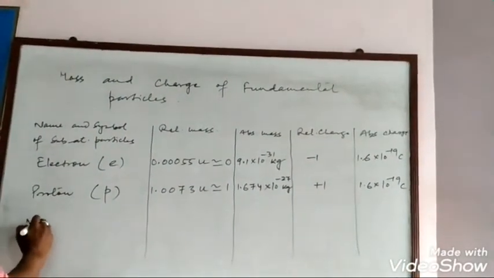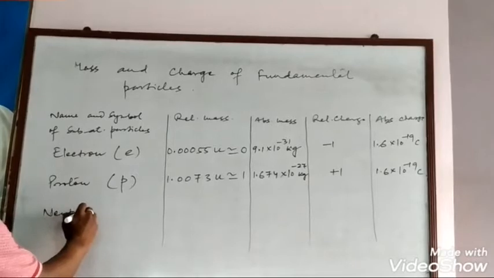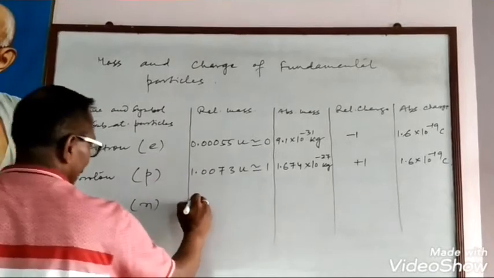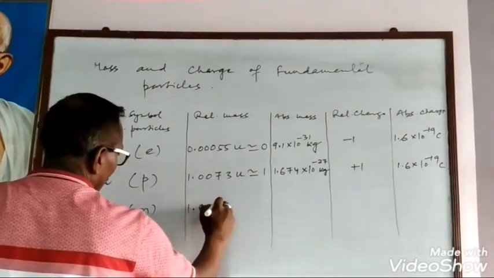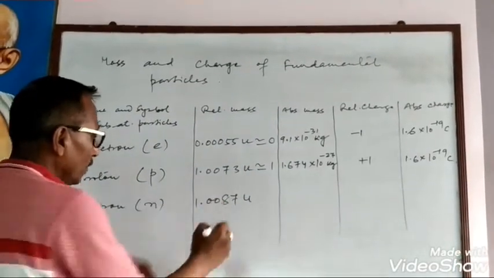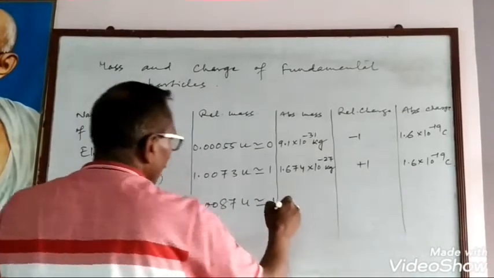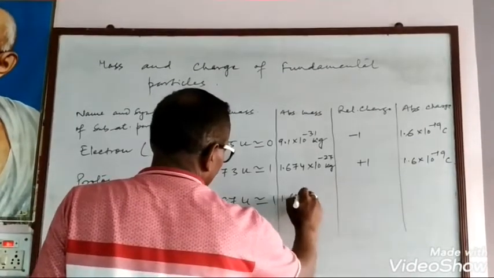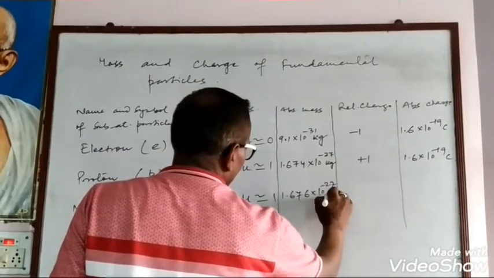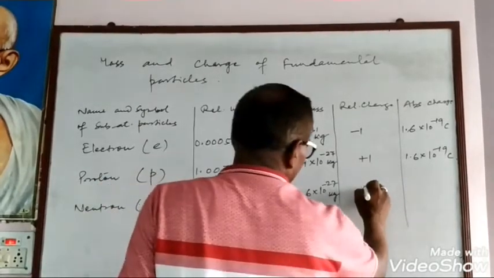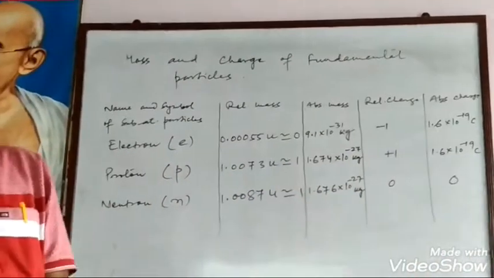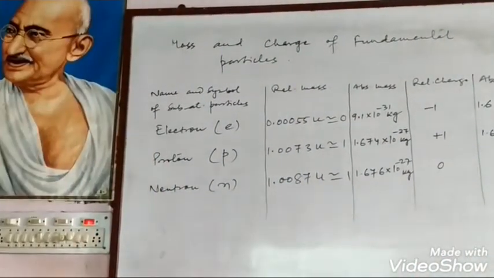And finally, for neutron, it is little heavier than proton, slightly heavier than proton. So this is 1.0087 U, and very close to 1 U, and this one is 1.676 into 10 to the power minus 27 kg, and this has no relative charge, no absolute charge, because this is neutral in nature.